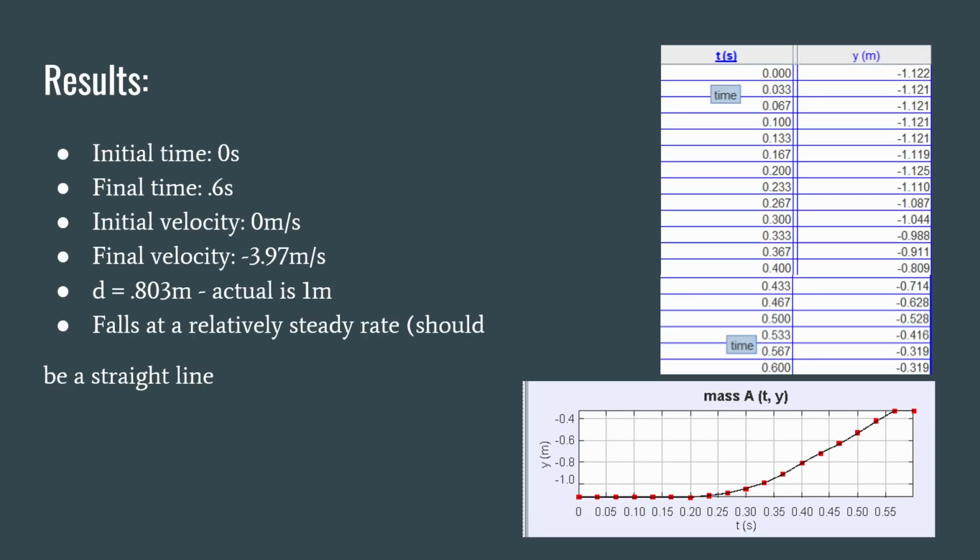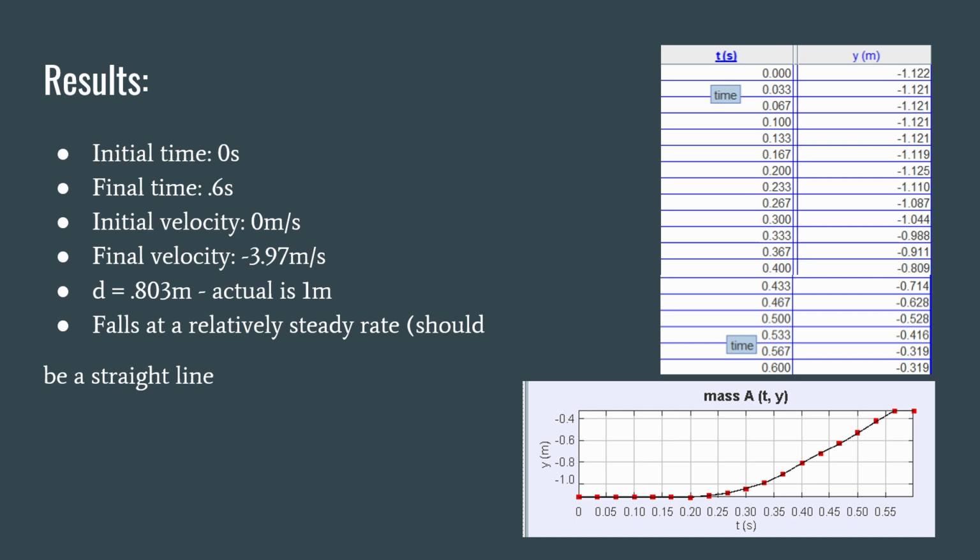Our results from basically tracking the point mass in tracker was that we got an initial time of 0, final time of 0.6 seconds, an initial velocity of 0 meters per second. We already knew that. And then our final velocity is negative 3.97 meters per second.